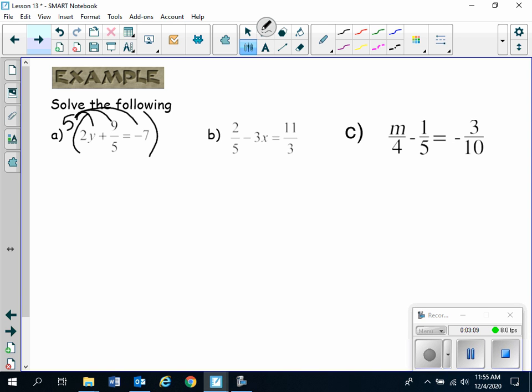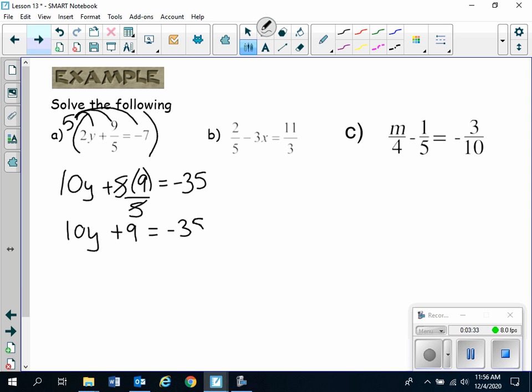So 5 times 2 is 10, and we have a y. 5 times 9 over 5. And then we have 5 times negative 7, which is negative 35. To simplify my equation, this 5 over 5 just cancels out, and we're left with 9. So we have 10y plus 9 equals negative 35. We have to solve for y.